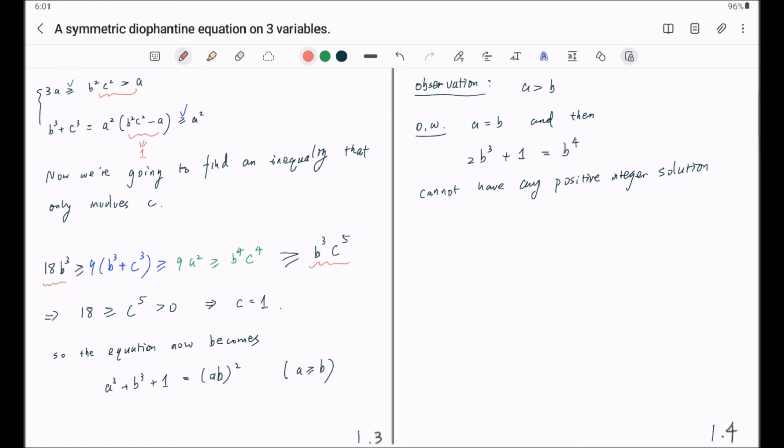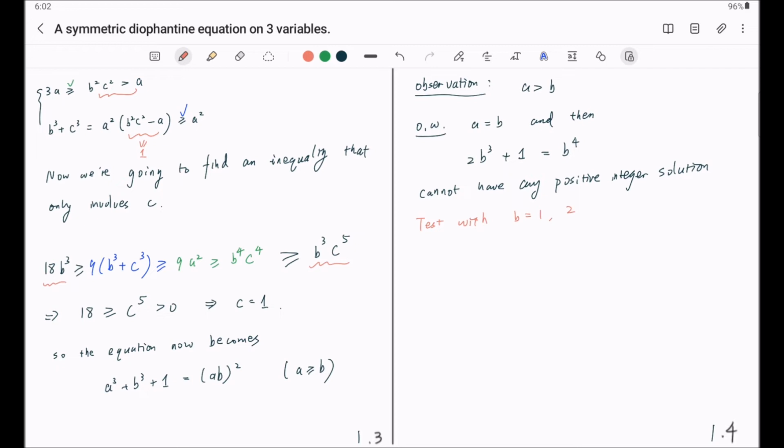So we can test first B equal to 1. Of course, B equal to 1 is not the solution. 2 plus 1 is bigger than 1, not equal.